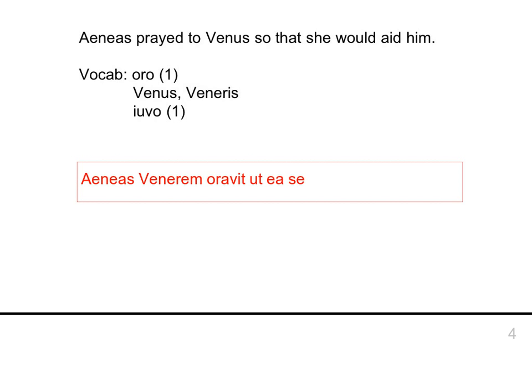So we'll put se there, that's referring back to Aeneas. And then the verb to aid is iuvo. So again, we used a past tense main verb, and we're going to have to use the imperfect subjunctive. And the way we do that is infinitive, iuvare, plus endings, t for he, she, or it.